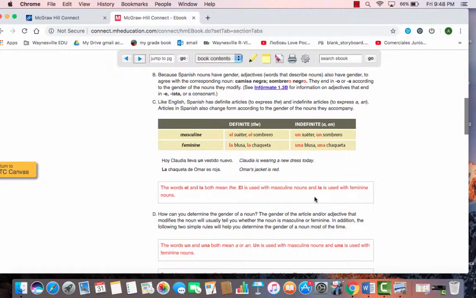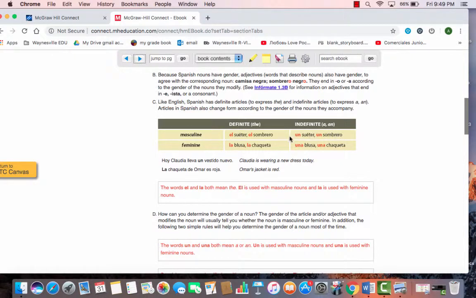So here we have examples from your book. This is on page 23. And notice that in here they're using the definite articles and indefinite articles only for singular nouns. So here we have el suéter, el sombrero, un suéter, un sombrero. So this means the sweater and the hat. And on the other hand, here we have a sweater and a hat.